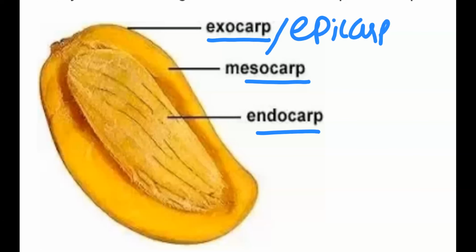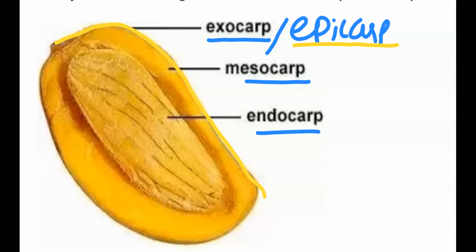Take mango, the favorite fruit, in which the outer thin skinny covering that we remove is the epicarp.